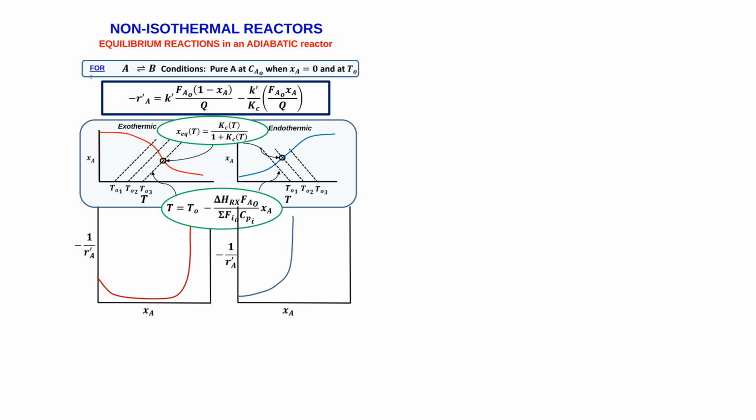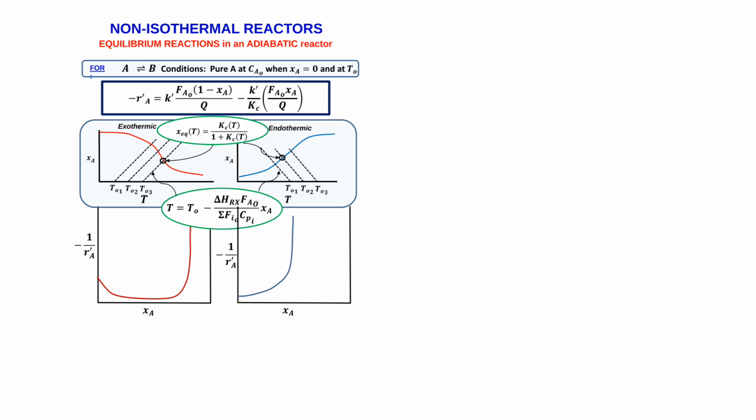We can visualize this effect if we now, for instance, consider an inlet temperature of T01, and as I have a reaction that proceeds and the temperature is going to increase, I will see this initial increase in the rate on my Levenspiel plot. Reverse reaction starts to take over, and the effect of temperature and loss of concentration of reactant causes a very sudden decrease in the rate as it goes toward this asymptote where the rate goes to 0 and 1 over the rate wants to go to infinity.